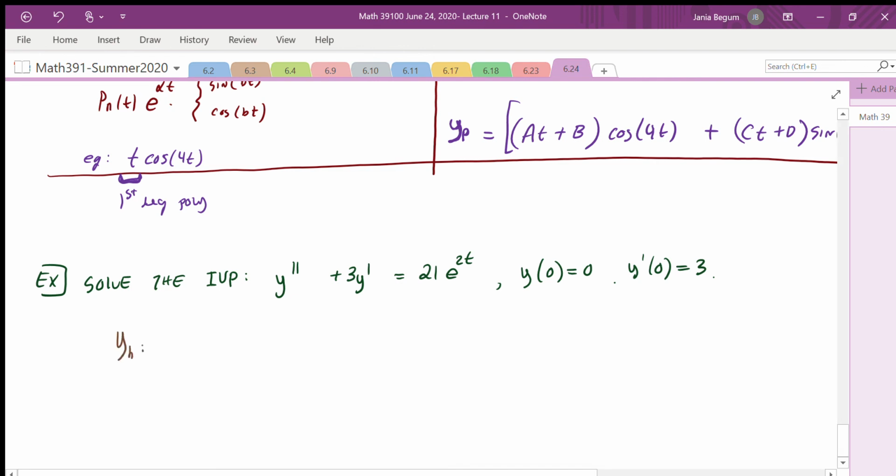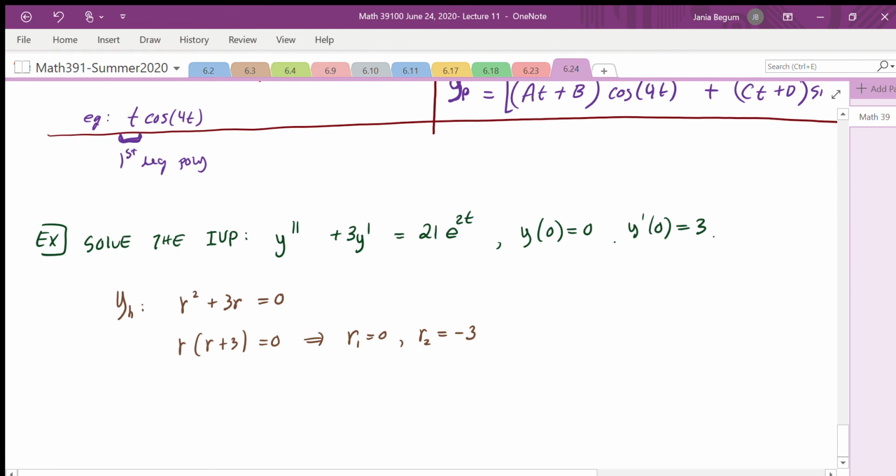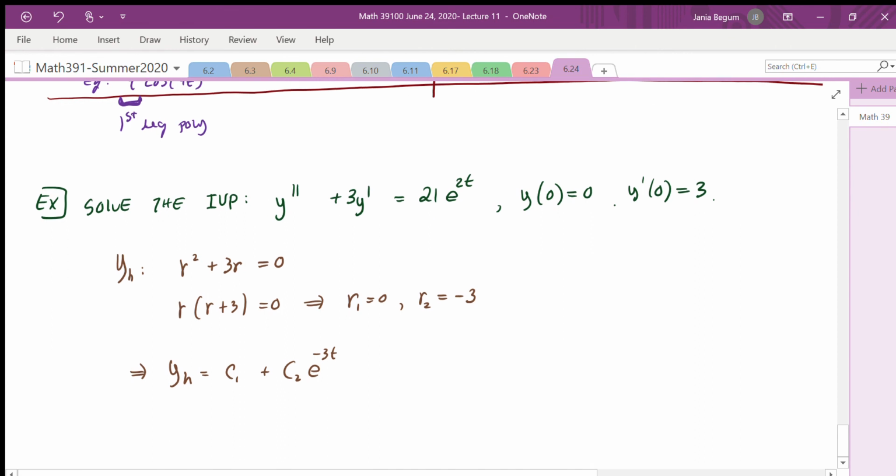So we have our characteristic polynomial of this. We have r squared plus 3r equals 0. So this would factor into r times r plus 3 equals 0. So we have two distinct roots. r1 is 0, r2 is negative 3. Oh, that's nice and neat. So we know our homogeneous solution is going to be c1 e to the 0, which is 1, plus c2 e to the negative 3t. Okay, so we found yH.